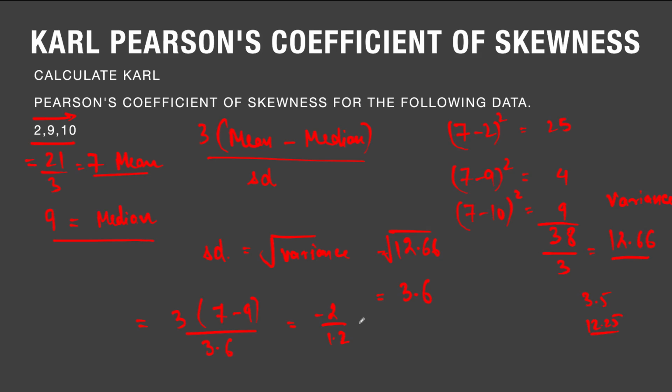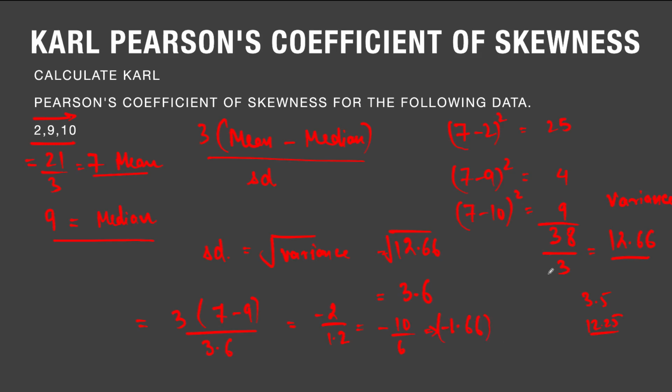This minus should not be ignored because this is talking about a negative skewness. So this is 1 by 0.6, or 10 by 6, minus 10 by 6. So this comes out as 1.66, and that too of negative sign. So this is a negatively skewed graph.